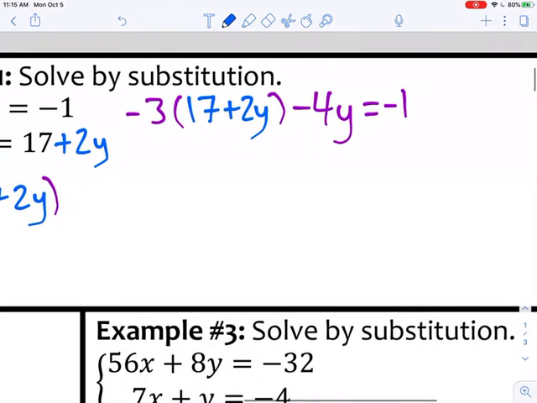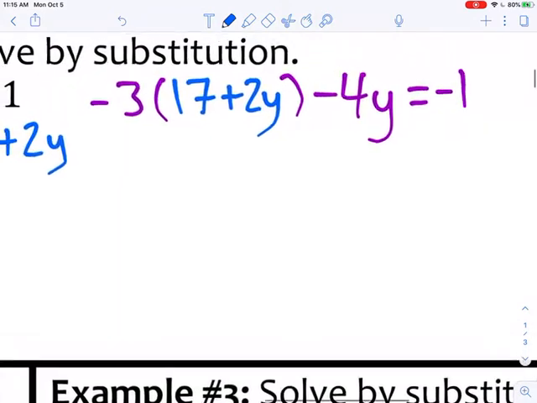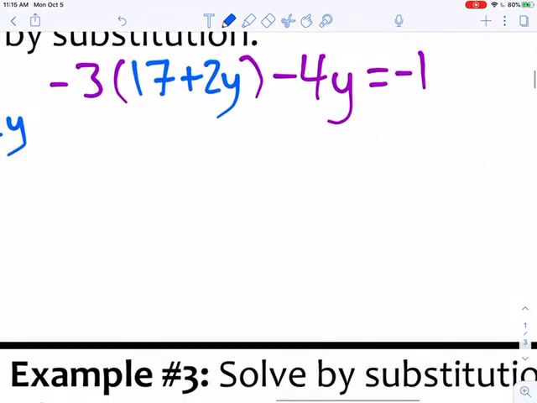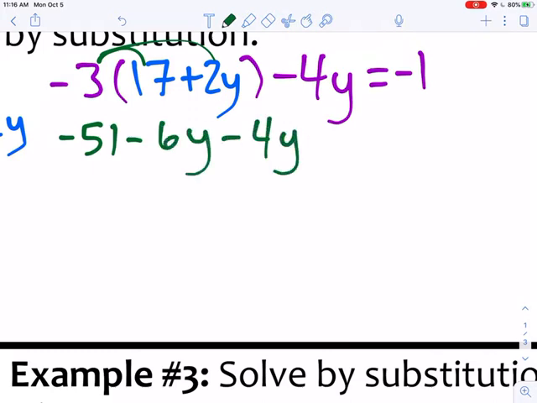So now we have all y's in this equation, and we can use our algebra skills and solve for y. When I distribute through here, we're going to get -51 minus 6y minus 4y equals -1. And then we can combine our like terms.